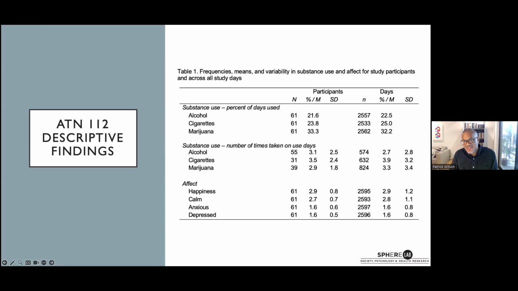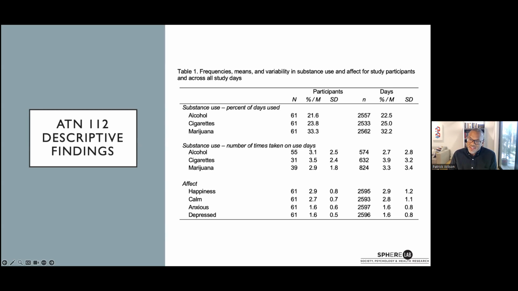So the left columns are the participant data, the right columns are the day data. But about a fifth to a third of our participants used the different substances. And you can see the number of times they would use them per day.